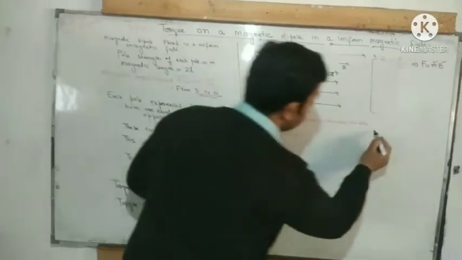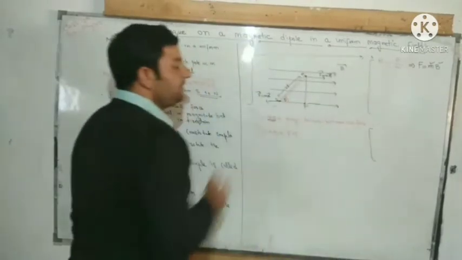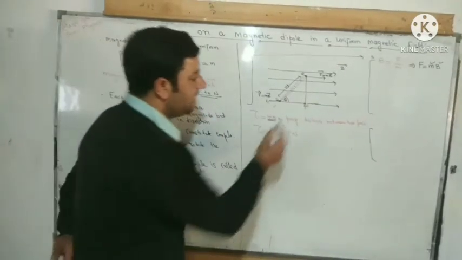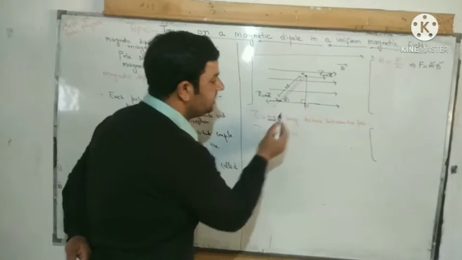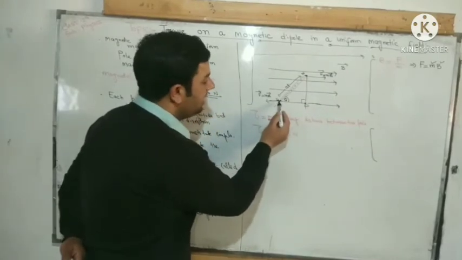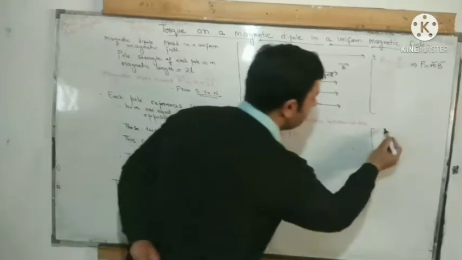Now this is a right angle triangle because the angle is 90 degrees.